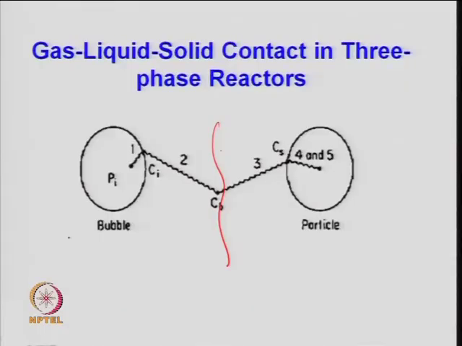So, with smaller particles you have a large surface area per unit volume, multiplied by the mass of catalyst if you are defining it based on the mass, times the concentration difference. So, that is again important, how to write this expression, whether you write it in terms of per unit volume of the reactor or per unit volume of the catalyst or per unit mass of the catalyst.